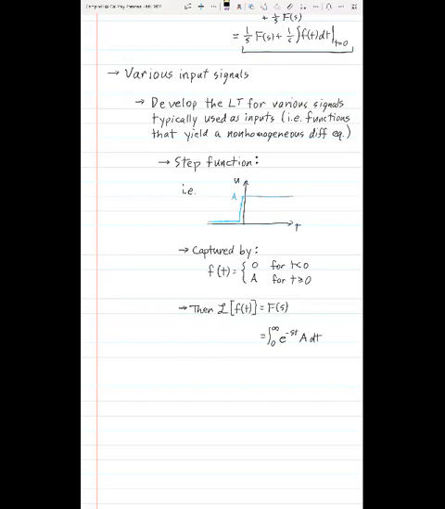And the wonderful thing to notice about this particular single-sided Laplace transformation is that we don't even have to concern ourselves with the fact that for t less than 0 the function is 0, because we aren't even integrating down there.